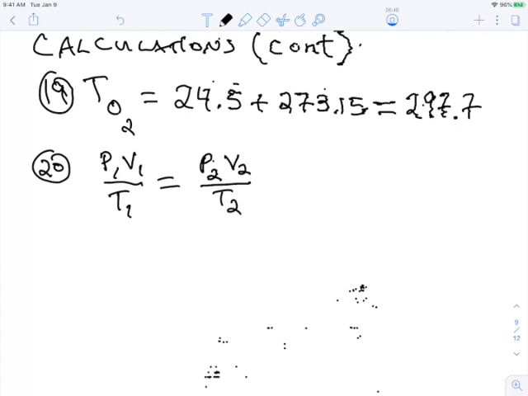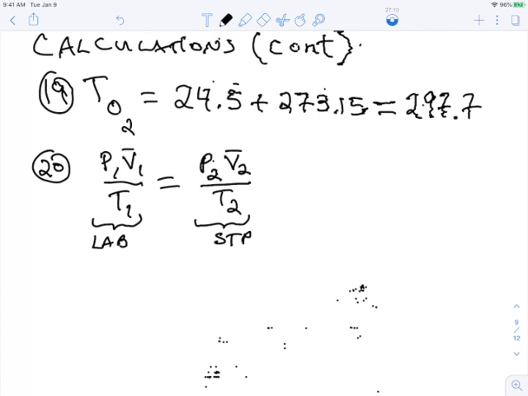Now what are these? This first set of values represents the conditions under which we did the experiment in our lab. The second set represents conditions at STP. We are going to be talking about the volume of 1 mole, so I'm going to put a little bar on top of these to represent that.